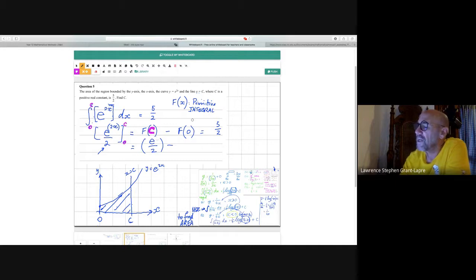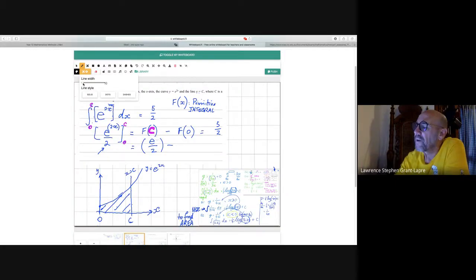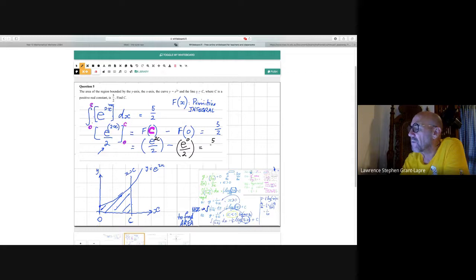Substitute c. And so that's e to the power of 2c over 2, minus e to the power of 2 times 0 over 2. We substitute 0 in there, and that equals 5/2.